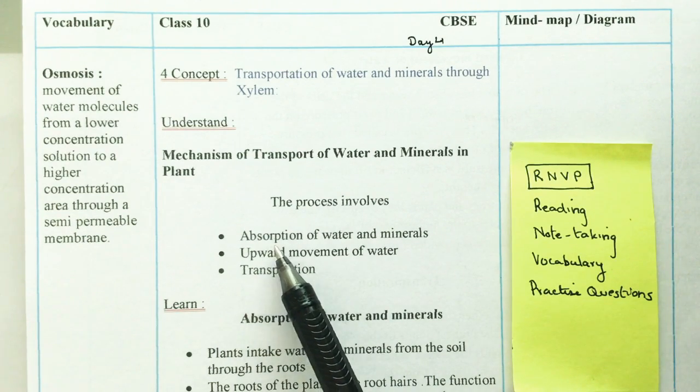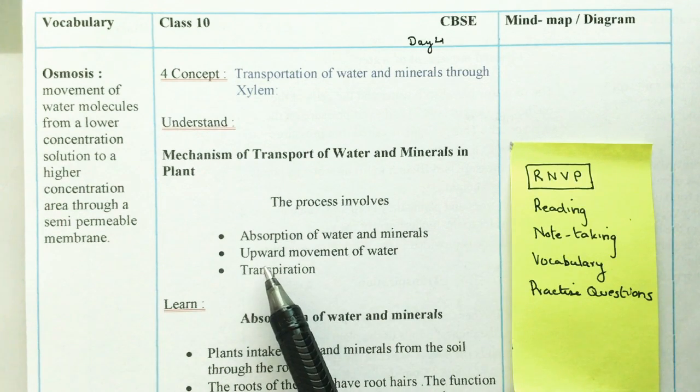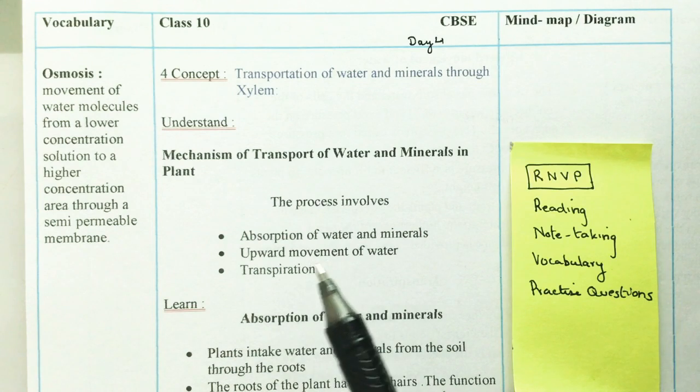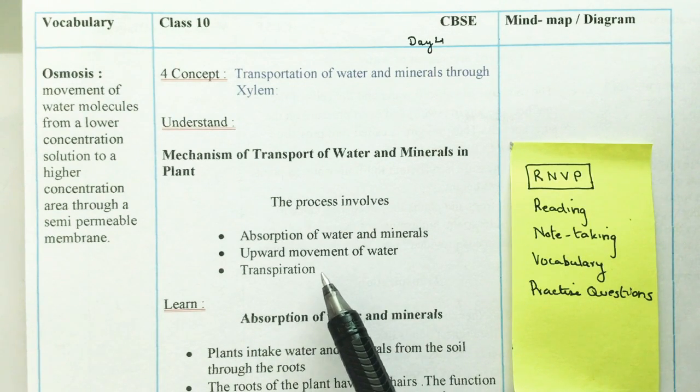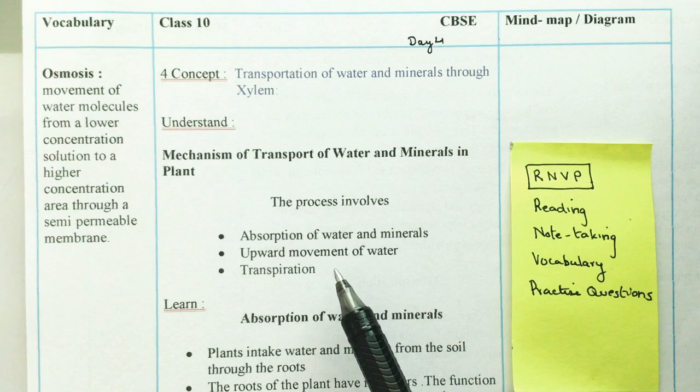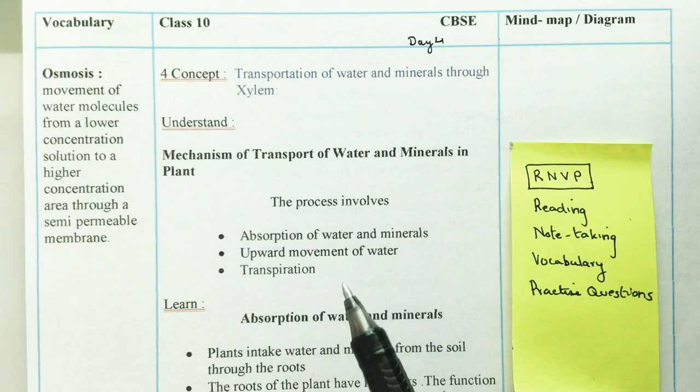First, absorption of water and minerals. Second, how the water is moved upwards. Third, the process of transpiration and how transpiration helps in moving the water and minerals to the various parts of the plant.